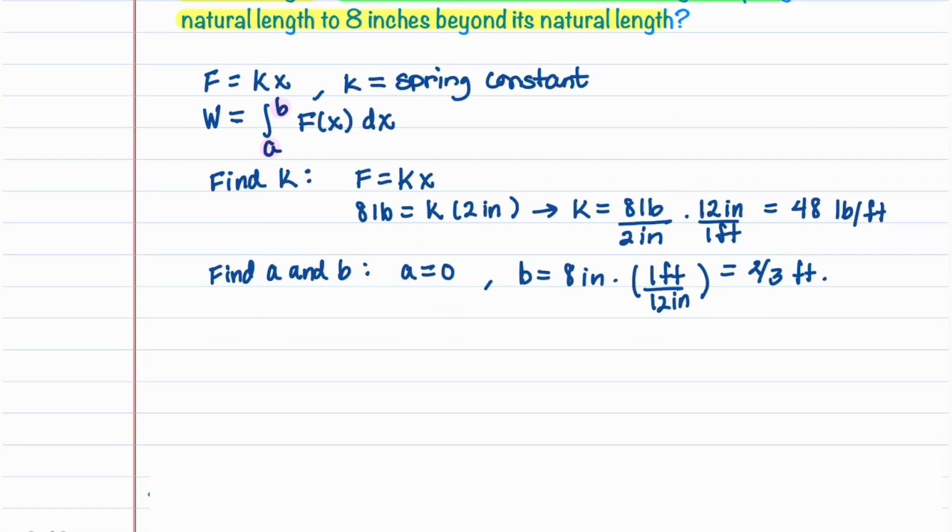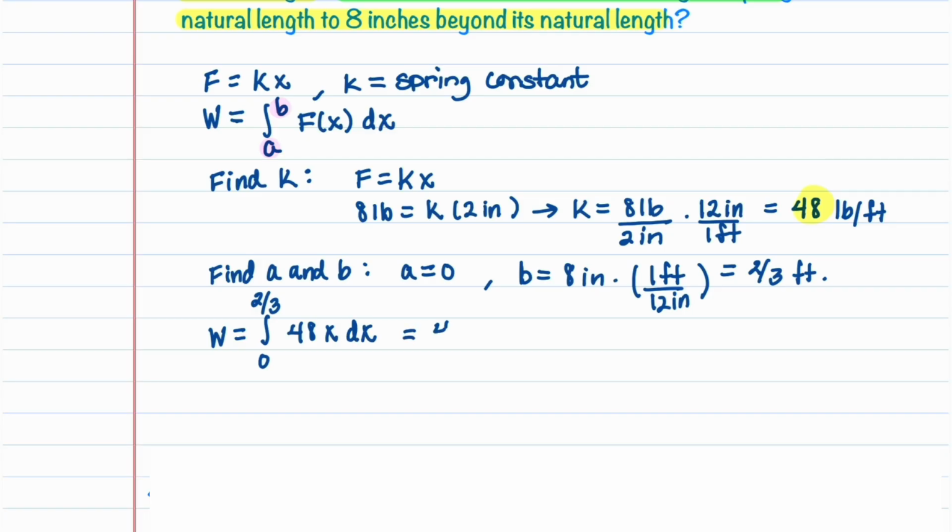Now we can go ahead and evaluate our integral. Our work is the integral from 0 to 2/3 of our force F, which is k, which looking back up here is equal to 48. So we have 48 times x dx.